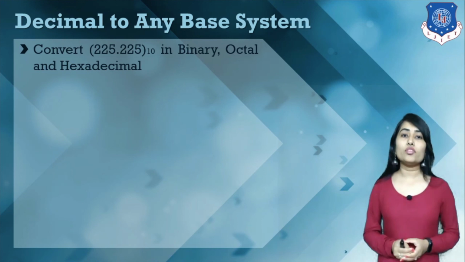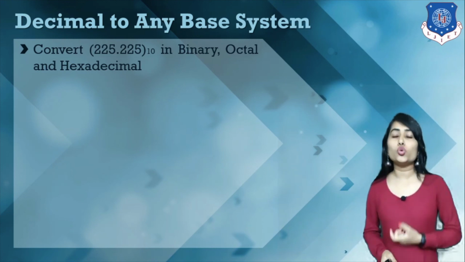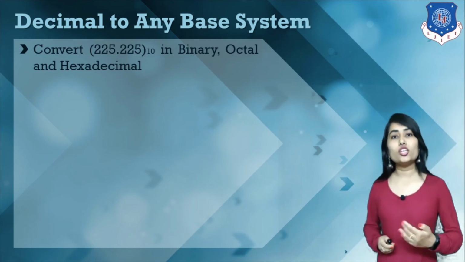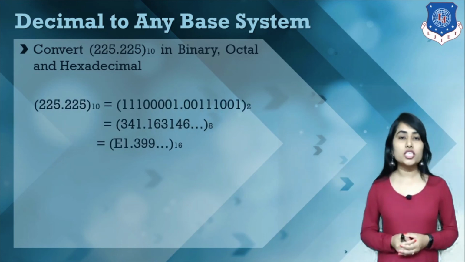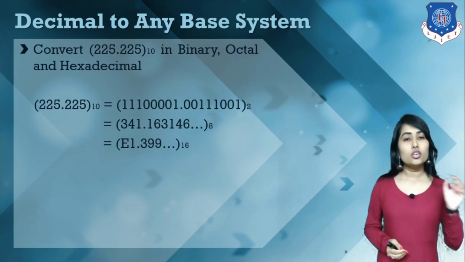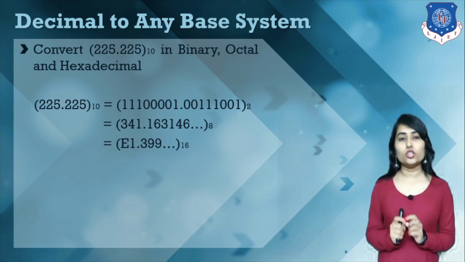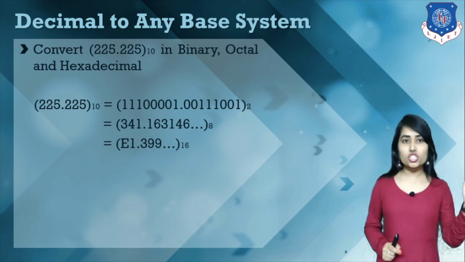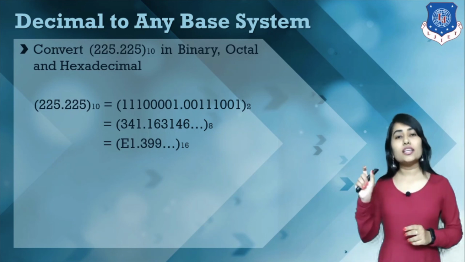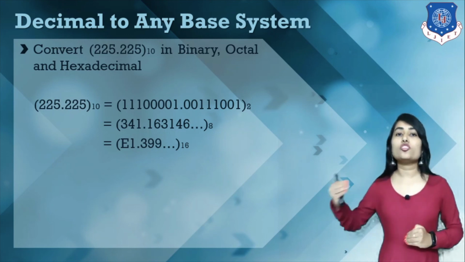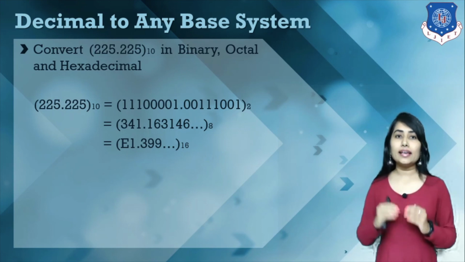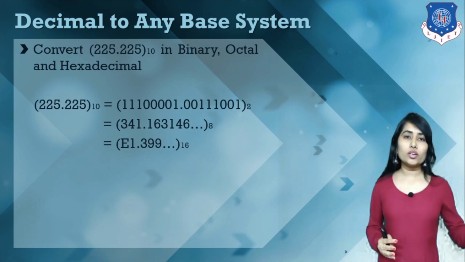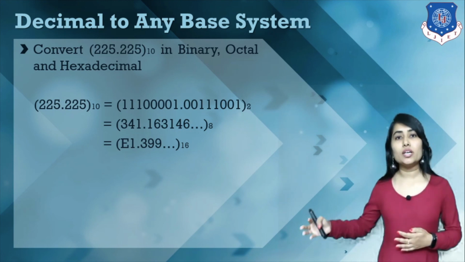Here we have an example, 225.225, and this number can be converted into binary, octal or hexadecimal. We just club the value of the integer part and the value of the fractional part. Convert the 225 integer value by the successive division method and the 0.225 value by the successive multiplication method, by successively dividing or multiplying with the desired base.